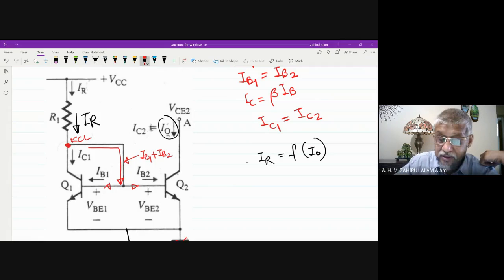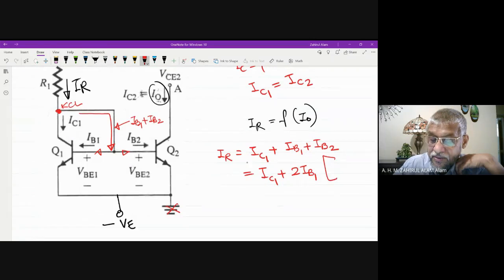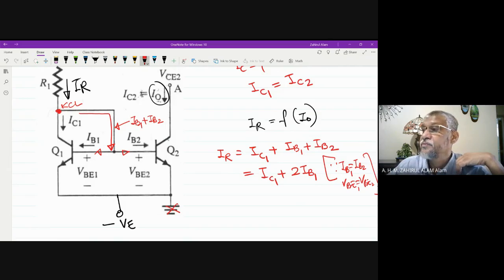So now I can write IR equal to IC1 plus IB1 plus IB2. I can also write IC1 plus 2IB1, because IB1 equal to IB2 since VBE1 equal to VBE2 for this particular connection.